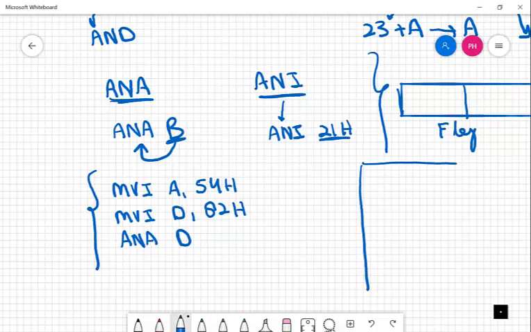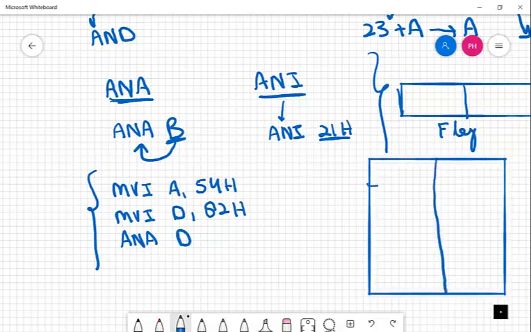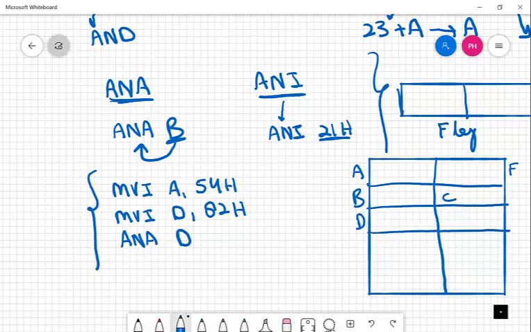Let me draw my programming model here. This is my accumulator, this is my flag register, this is B, this is C, this is D, E, H, L, and then I have stack pointer and program counter.